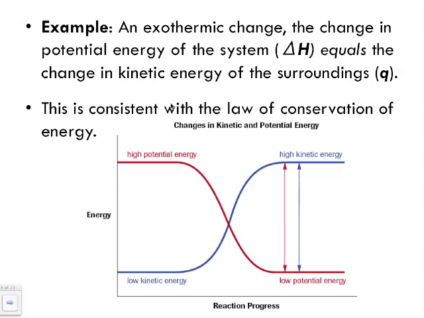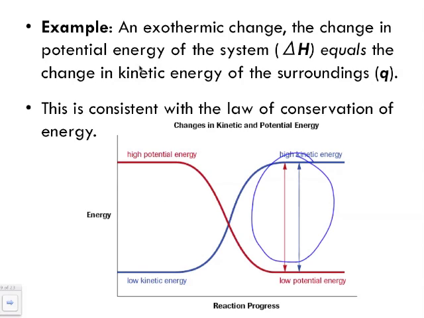Okay, so here's an example of an exothermic change with this graph, right? So what we have here is a high potential energy. If we've got a high potential energy, we're going to have a low kinetic energy. But now, as the potential energy starts to decrease, kinetic energy is going to increase. But that difference is going to be exactly the same.